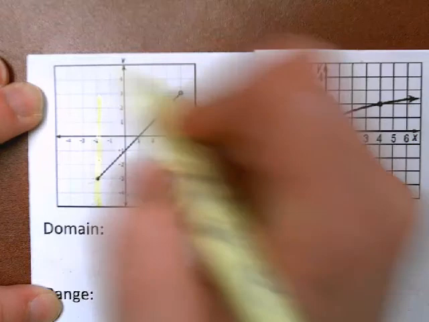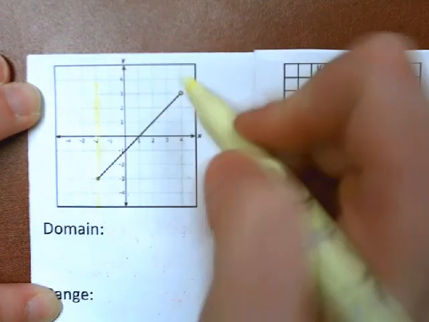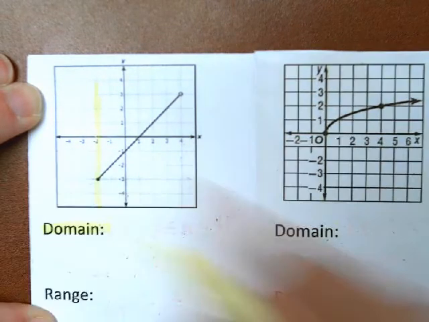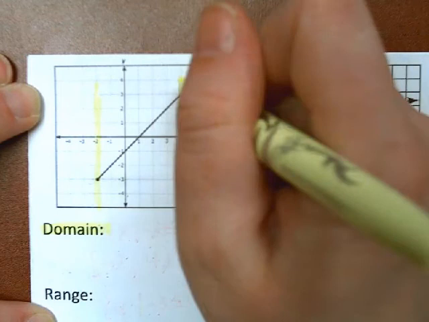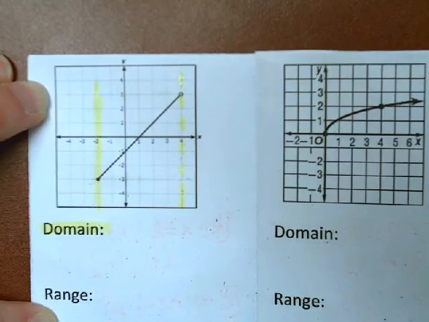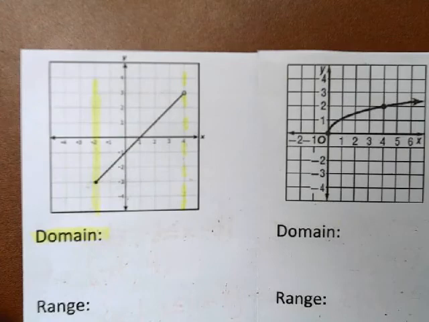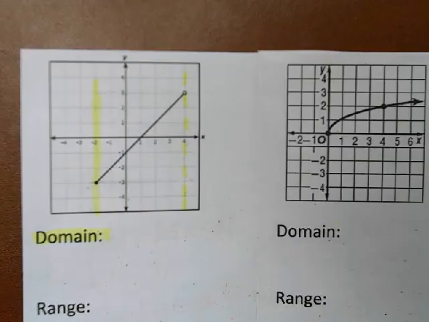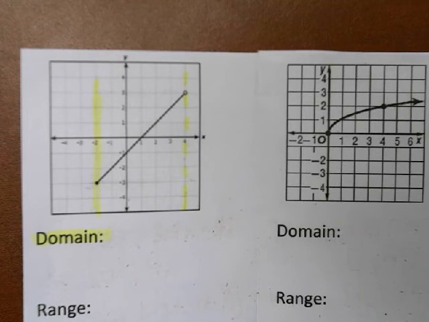It ends here, but what do you notice about the top of this line? It's a circle, so I'm going to draw a dotted line here. Why a dotted line? Because it's not included in the domain. It goes right up until that point, but doesn't include that point. The dotted line just says, go right up until here, but there's a fence here. You can't go beyond this, and you can't be this value.